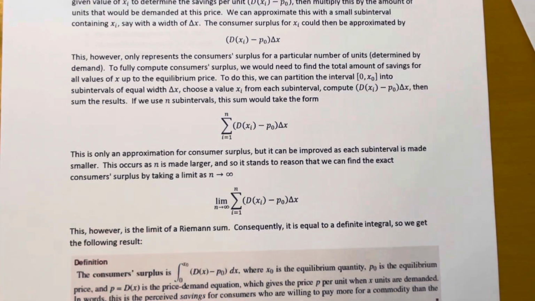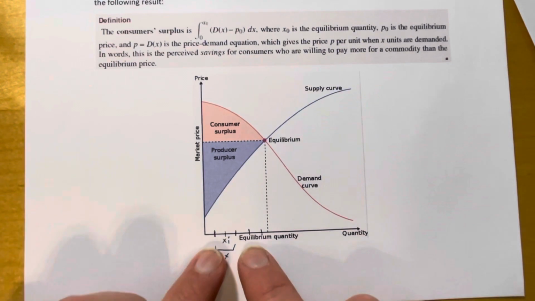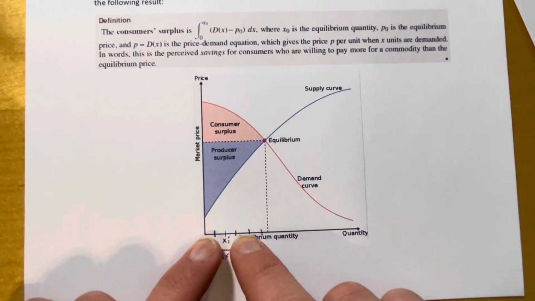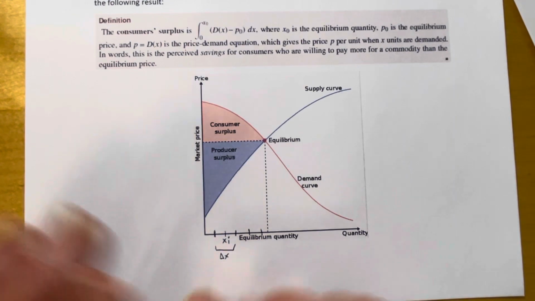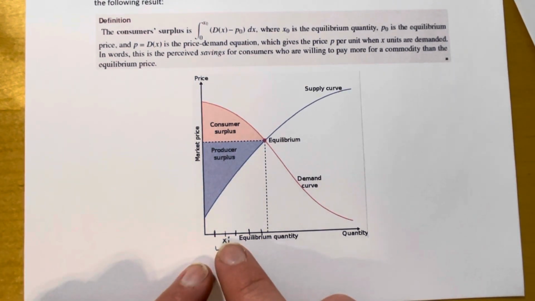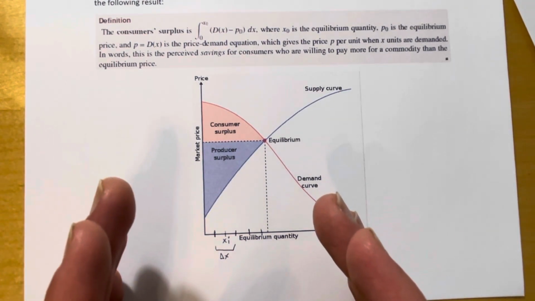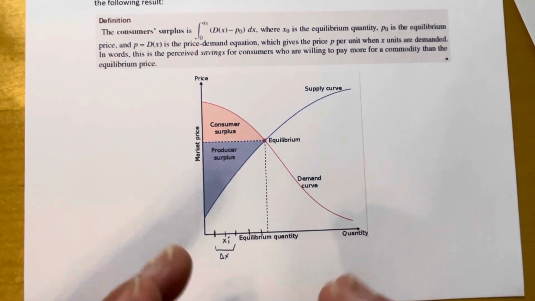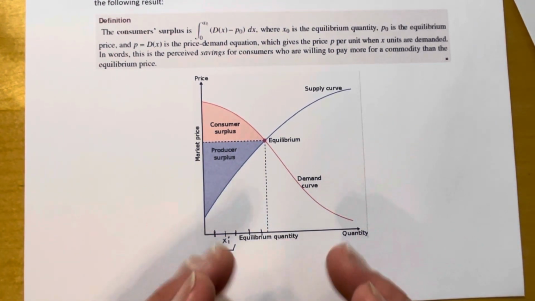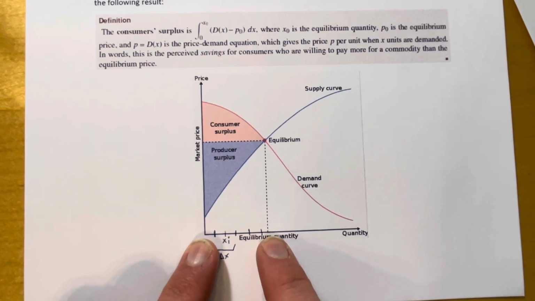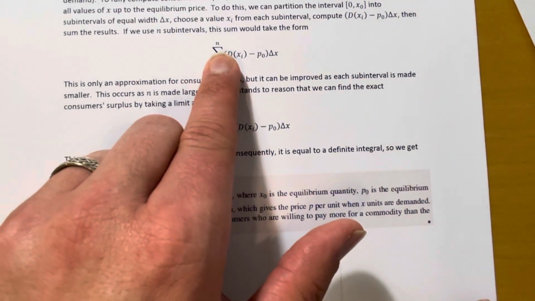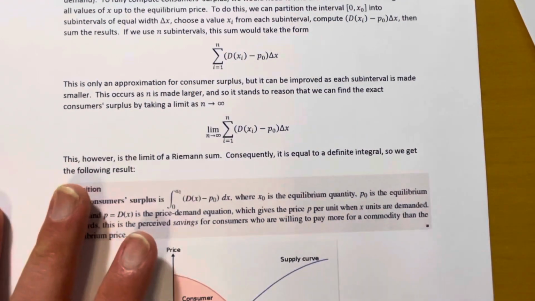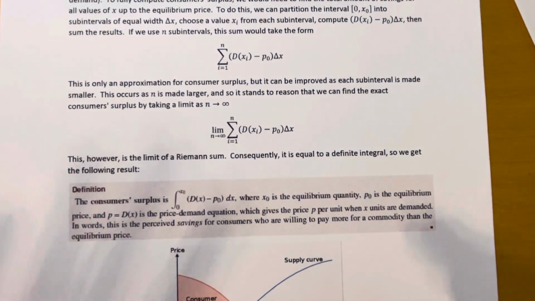Now remember, that's actually just an approximation because that little subinterval that I put around xi is kind of approximating what's going on at that particular quantity, right? But that approximation is better if that subinterval is smaller. And so to make these subintervals smaller and smaller, I need to partition this interval up into more and more of them, which means I need to increase this n right here, which represents the number of subintervals, indefinitely.